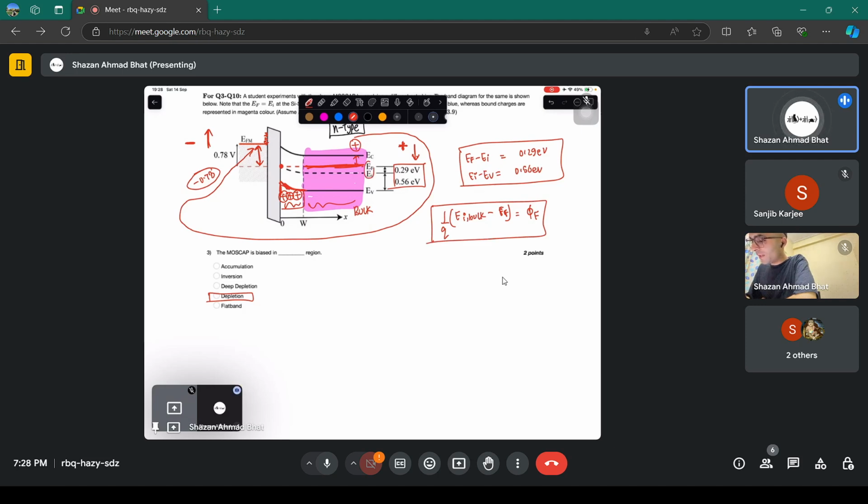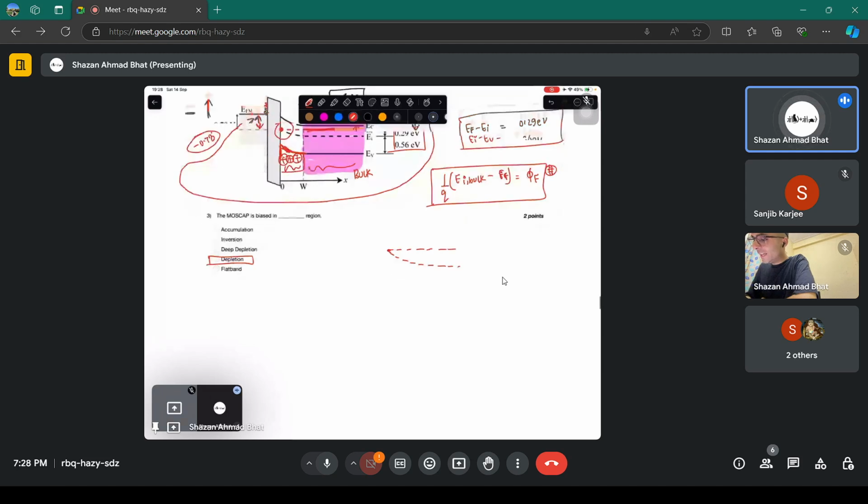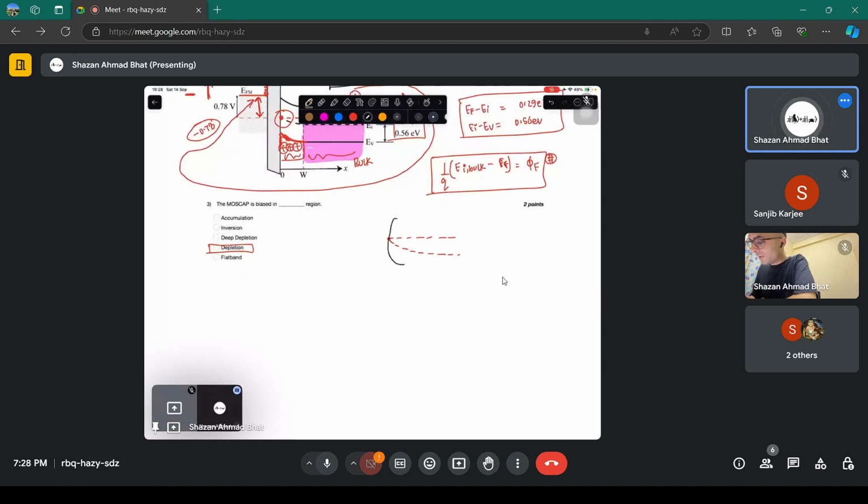This particular thing, the difference between these two in the bulk, is the Fermi potential. But if you see, this difference at this particular point is zero. Okay, so whenever the Fermi level touches this particular intrinsic level, this is the key indication of the depletion region.